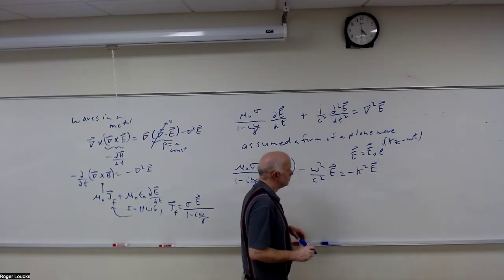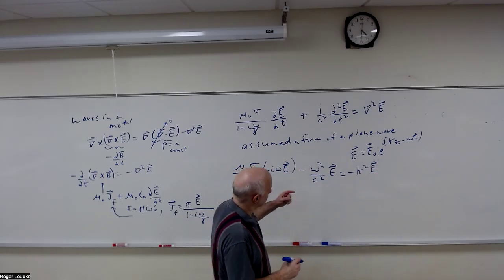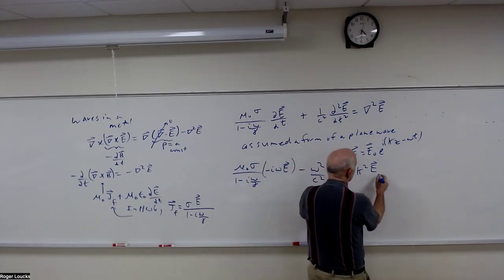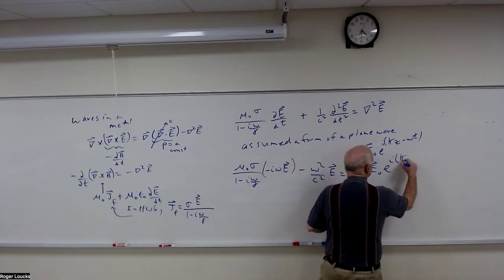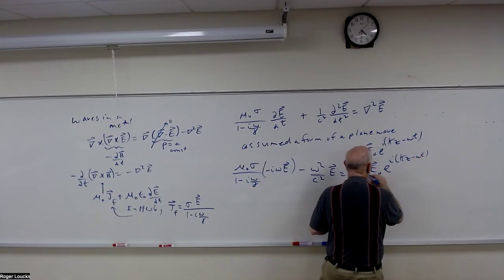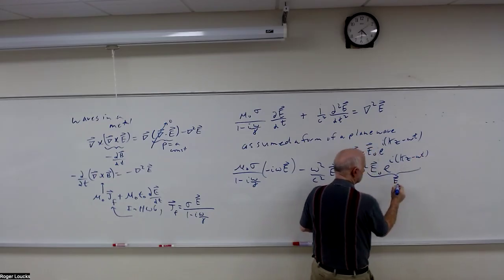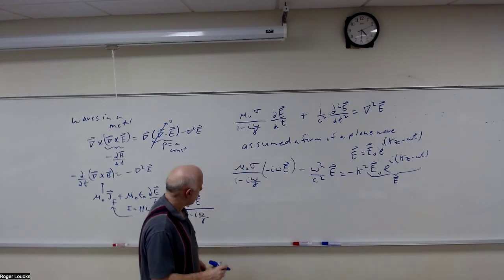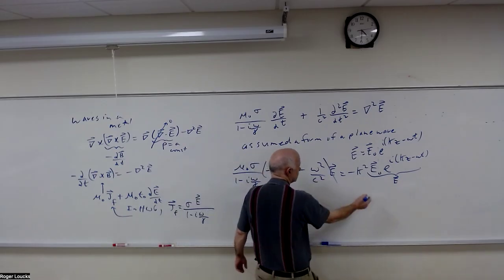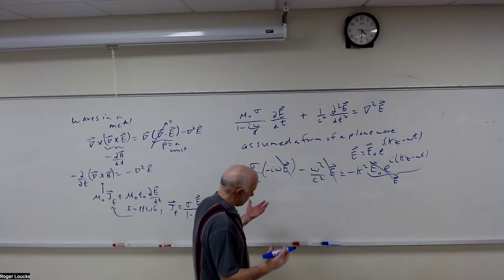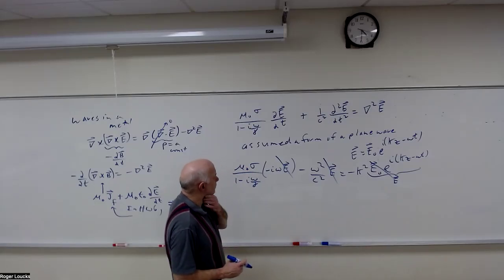Well, the whole thing, so if you do this right here, this really gives you the E naught, e to the I, kz minus omega t. This whole thing here is, okay, all the E's go out. We got rid of all the minus signs, and then we divided through.